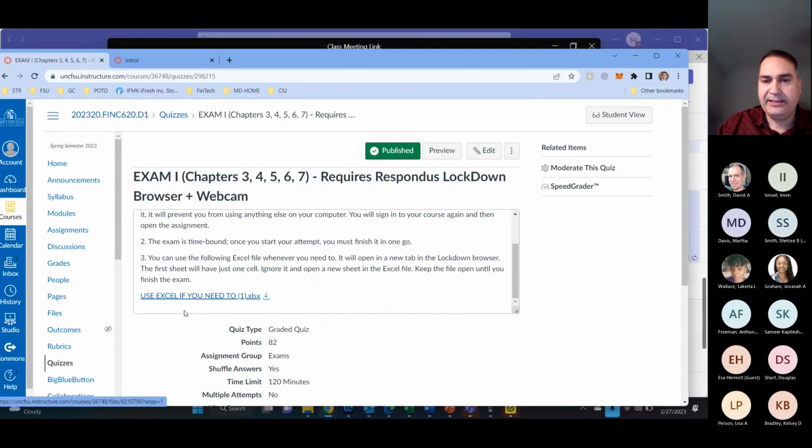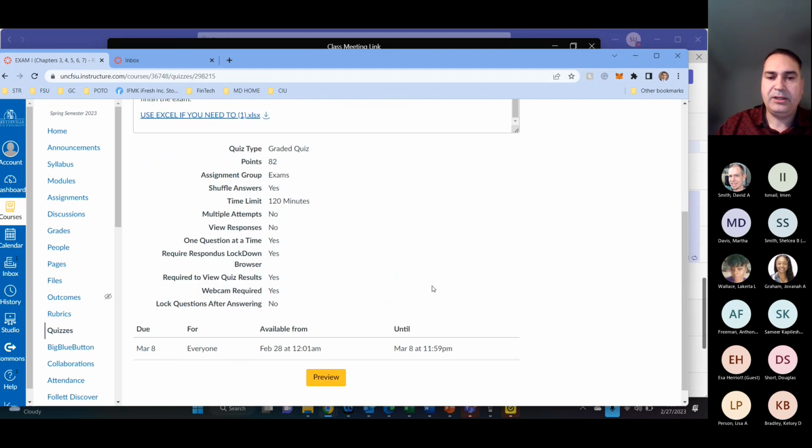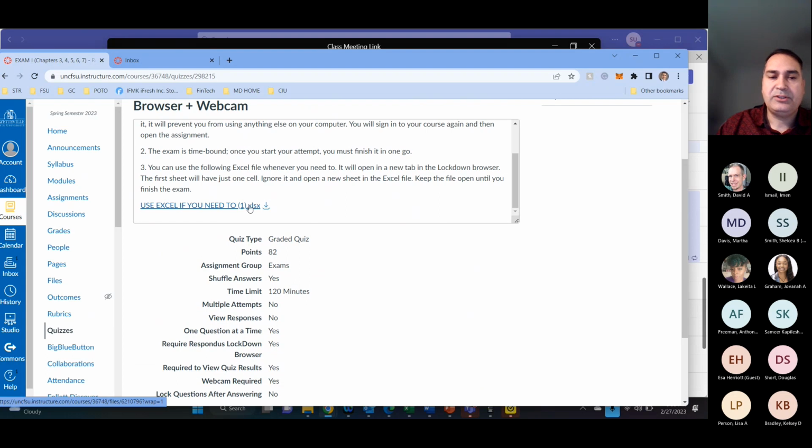If you click on the Excel file, it will not work before you start your lockdown browser. So make sure that you have already installed lockdown browser. If you haven't, it will take you through the instructions, but getting it installed before starting the exam would be a good idea. The Excel file will start working after you are in the lockdown browser.